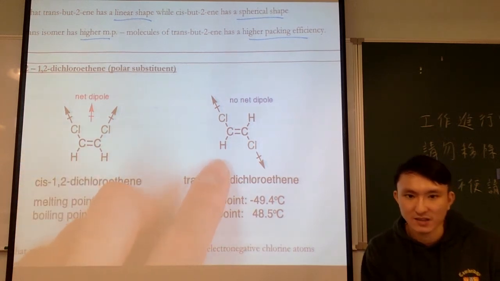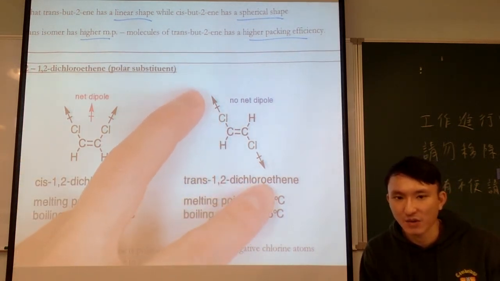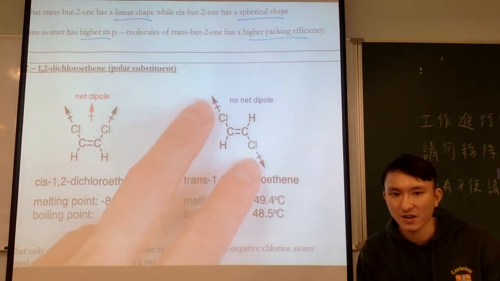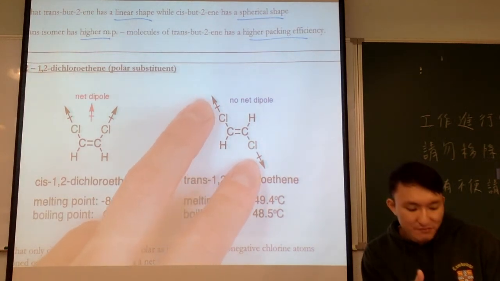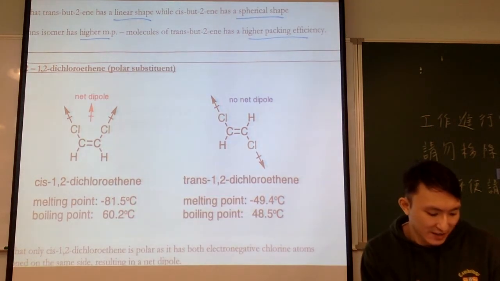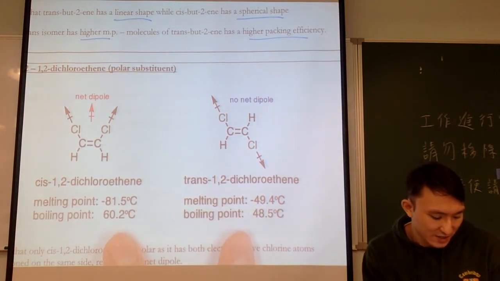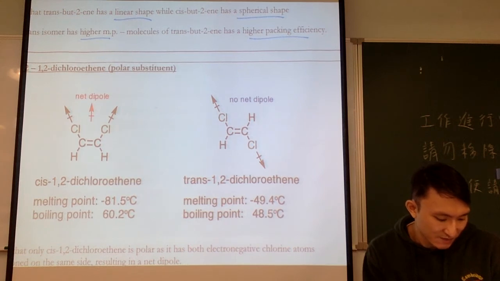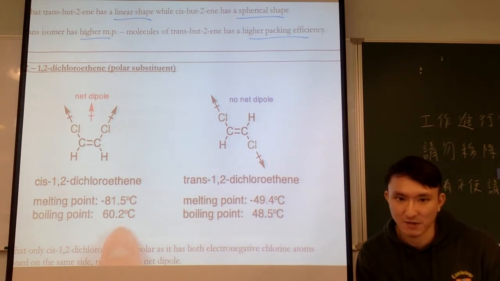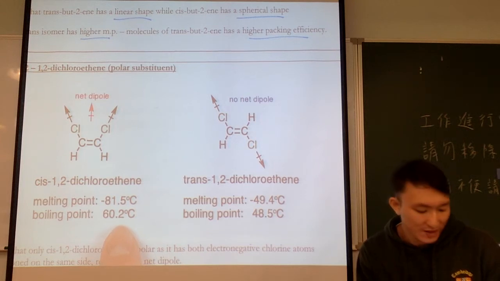But in this one, the dipole moments cancel out, or this is a symmetrical molecule, therefore the molecule is non-polar. That will affect their boiling point. So you see the cis-1,2-dichloroethene has a higher boiling point simply because of being polar, so it has a stronger van der Waals force.